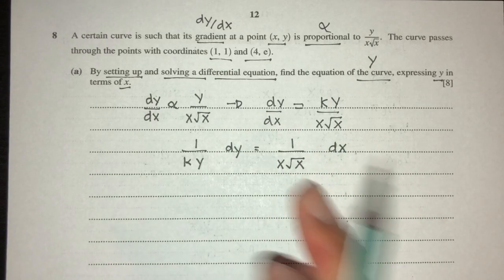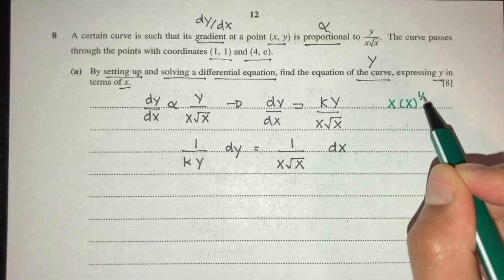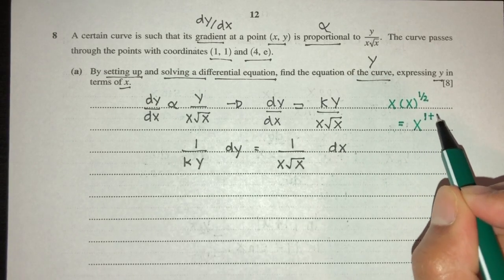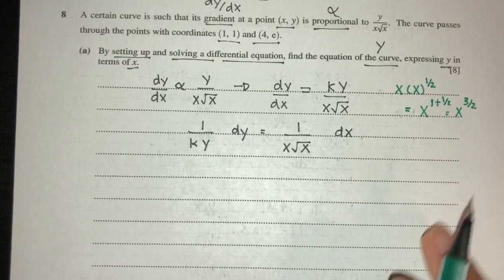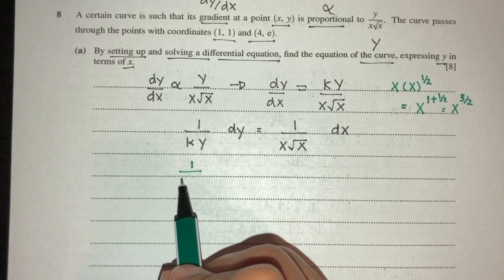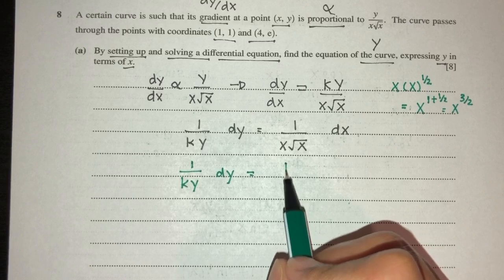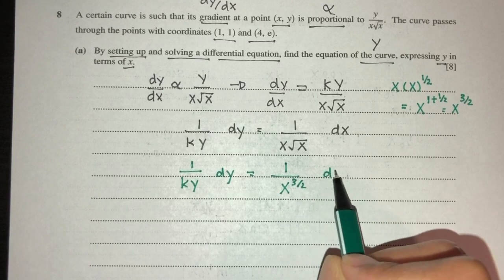Now, if you observe this, what is root x? It is x power half. That can be written as x to the power 1 plus half, that will be x to the power 3 over 2. So this is equal to 1 over kx dy is equal to 1 over x power 3 over 2 dx.